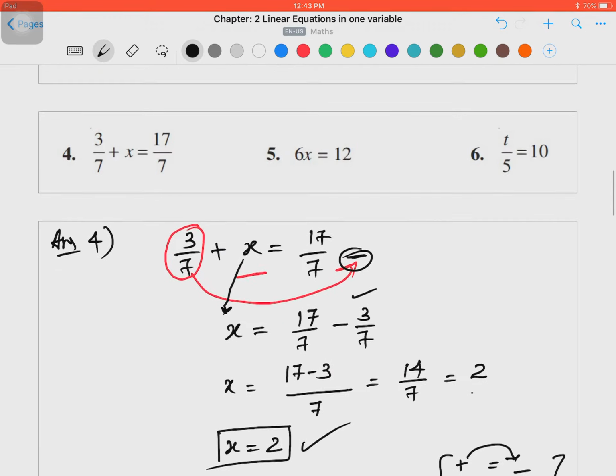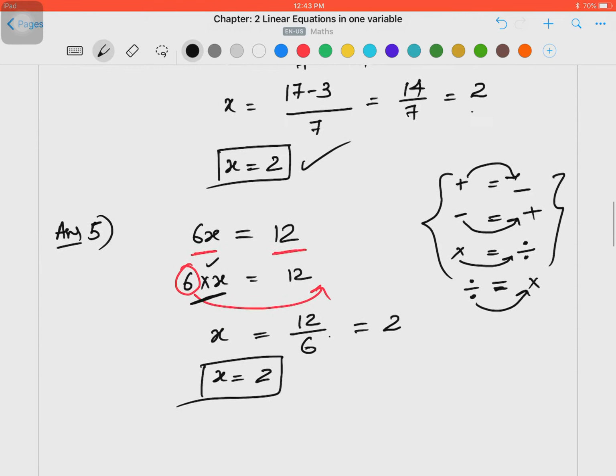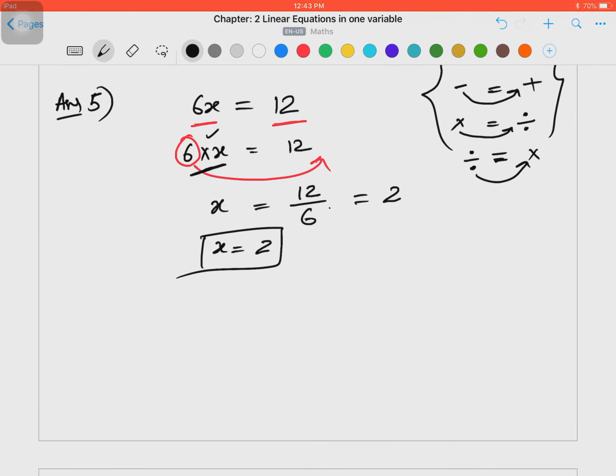And the last one is t by 5 is equals to 10. We have answer number 6. t by 5 is equals to 10. Now as you can see, this 5 is in division of t.